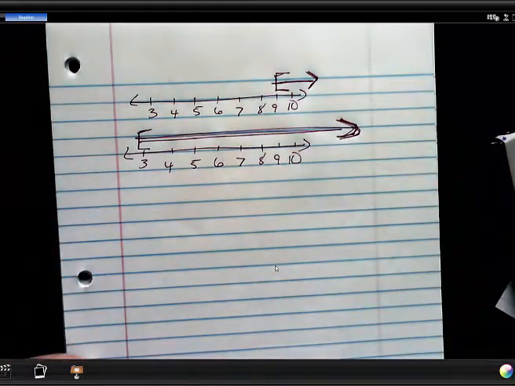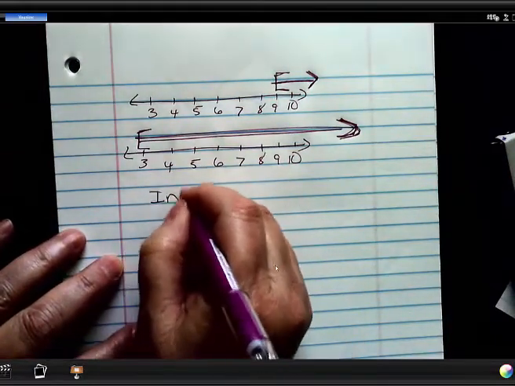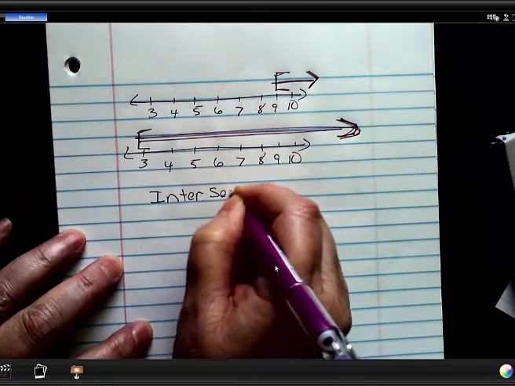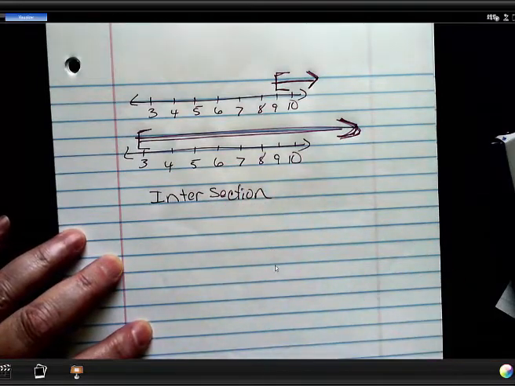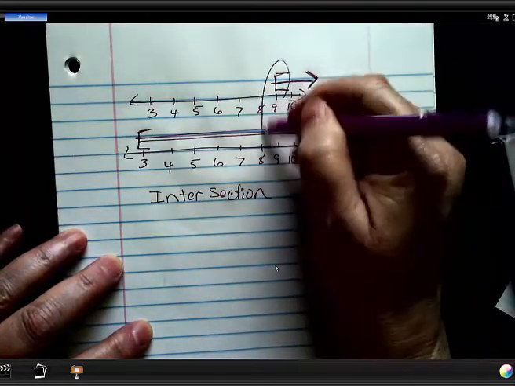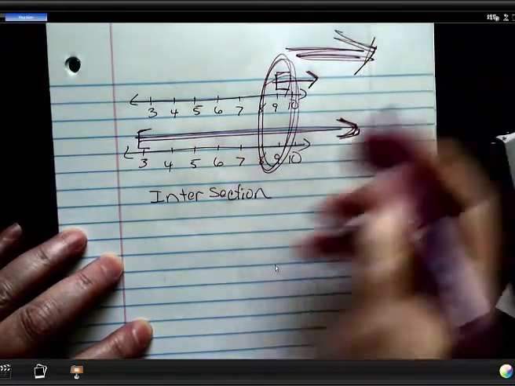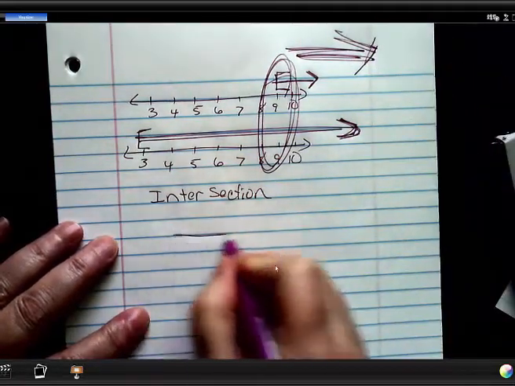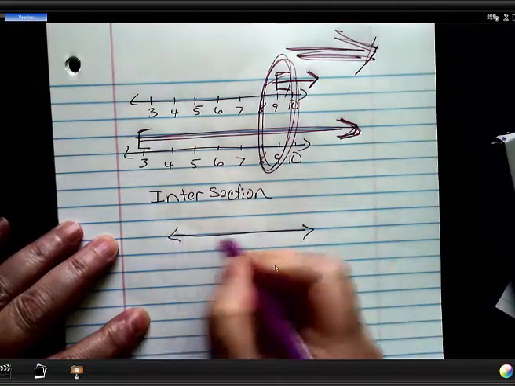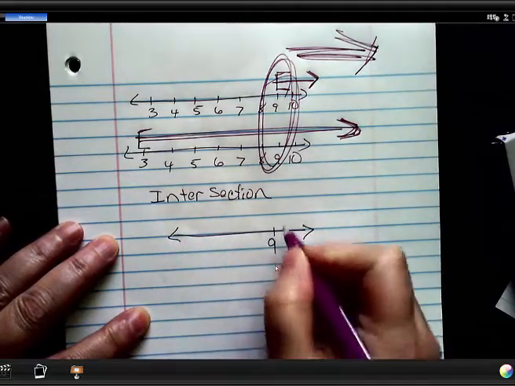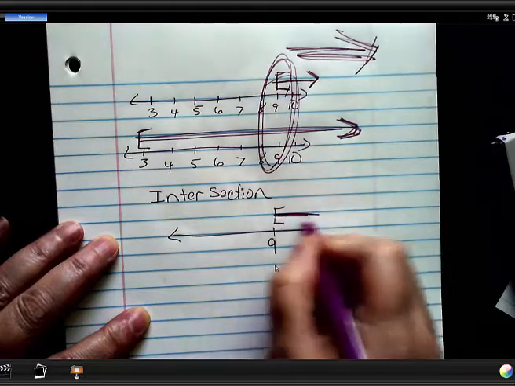Now remember, an intersection is what they both have in common. So it would be from the 9 this way. So my intersection would be this.